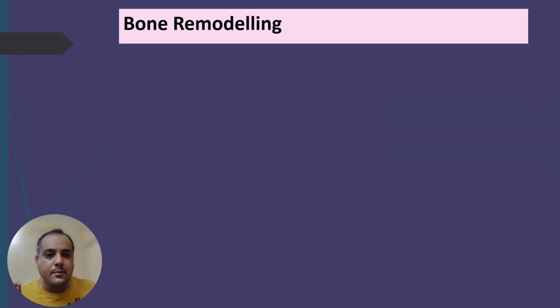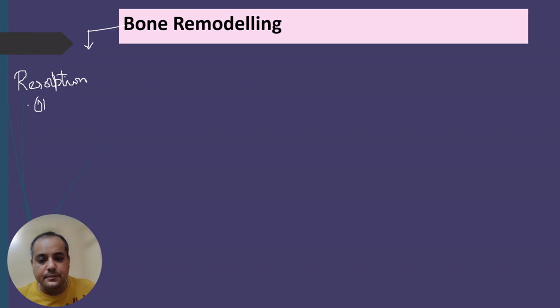Now, bone remodeling. Before we go into the mechanism of action of bisphosphonates, we have to learn a little bit about bone remodeling. As I've already discussed, bone remodeling means that there will be resorption of the old bone, and in that place where the resorption of the old bone has occurred, there will be formation of the new bone.